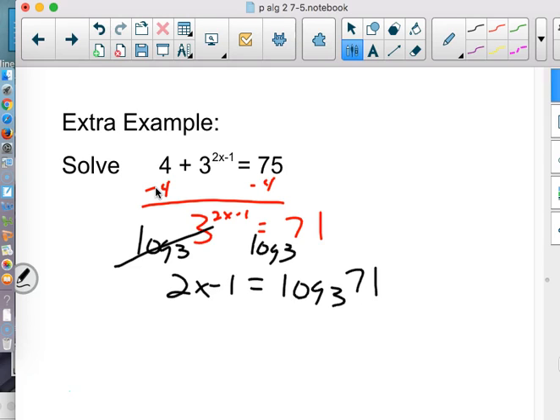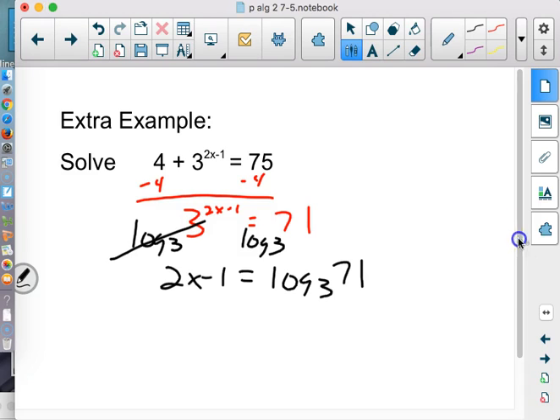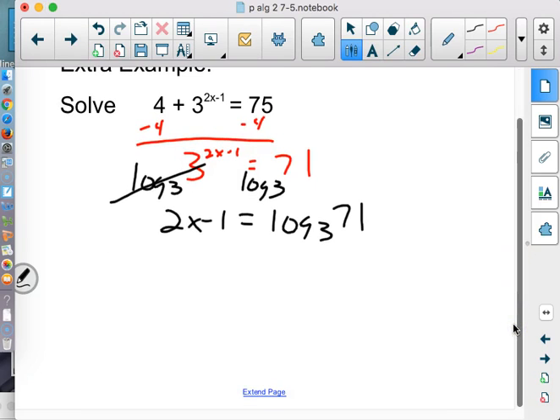All right. Now, what would we do? See, everyone's using the stare at it and hope it goes away method. It's not working. You remember the change of base formula from Friday? Log of what you're trying to evaluate divided by the logarithm of the base.